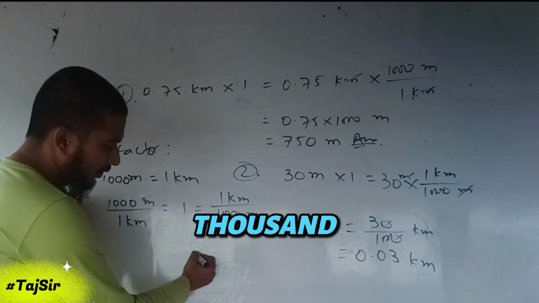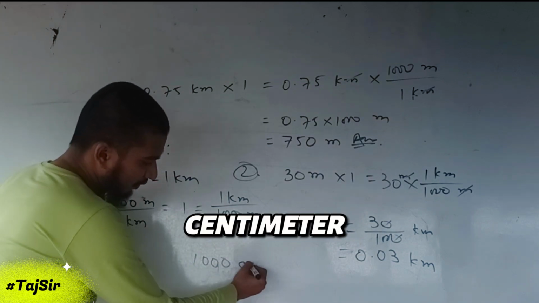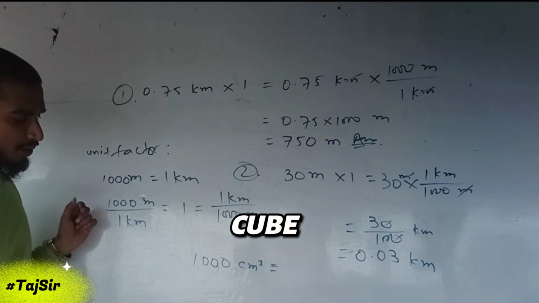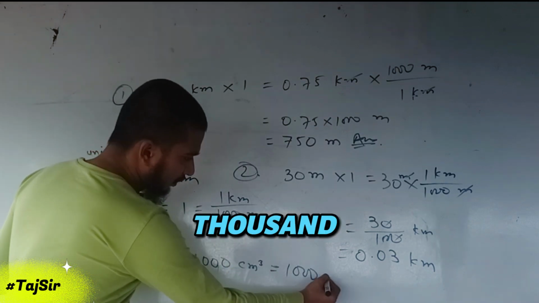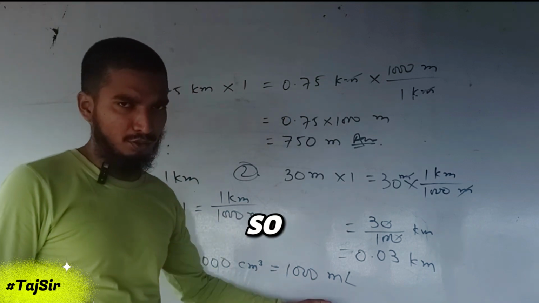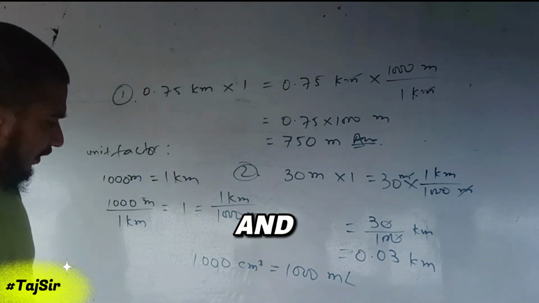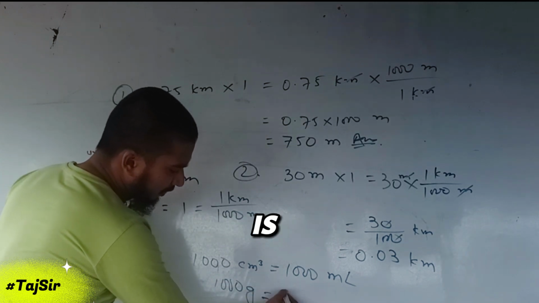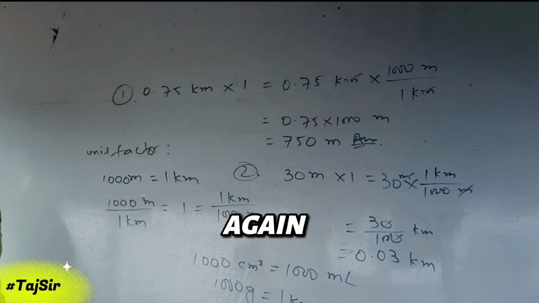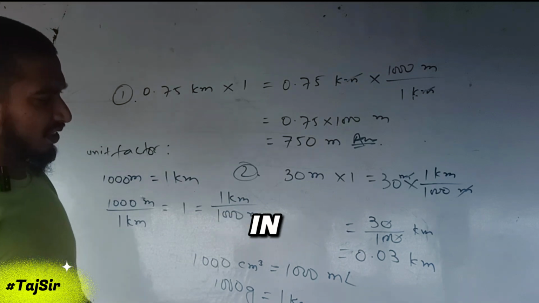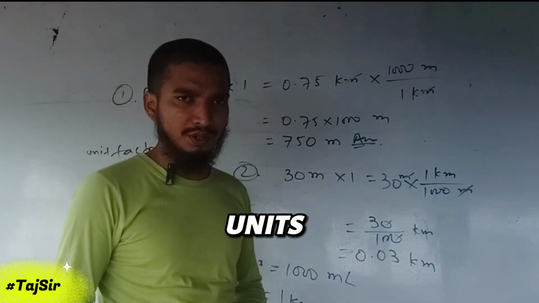For example, 1000 centimeter cube equals 1000 ml, and obviously 1 centimeter cube becomes 1 ml, so there is no problem at all. And 1000 gram is 1 kg. Again we can have a unit factor. This is the basic thing in conversion of units.